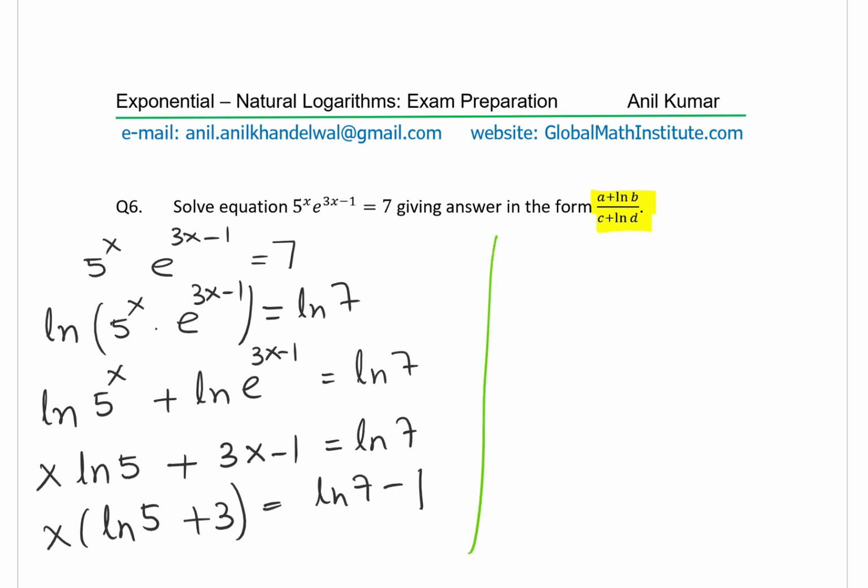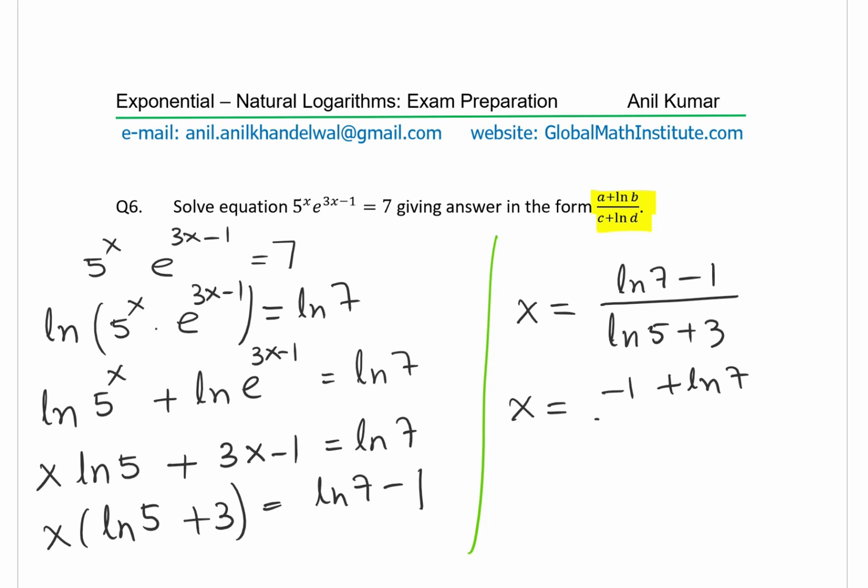So we can now write down that x is equal to ln 7 minus 1 over ln 5 plus 3. So we need to write in that order. So x is minus 1 plus ln 7 over 3 plus ln 5.